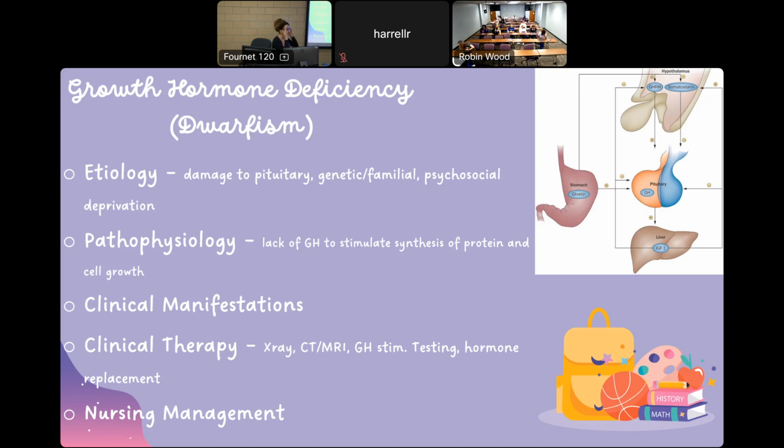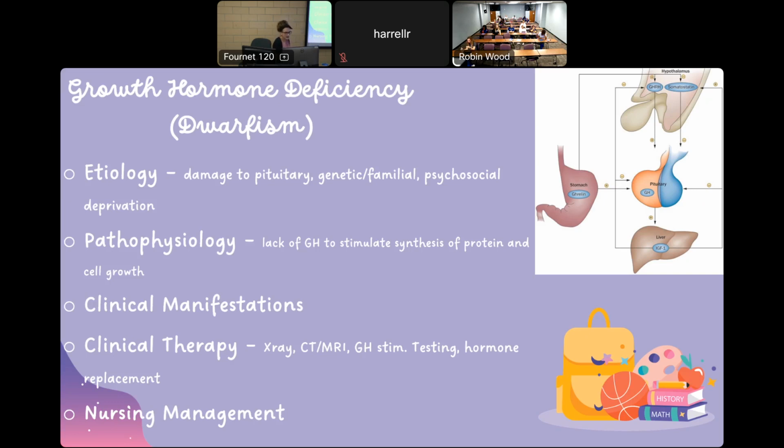We also had an instance in clinical this week with a neglect case, a failure to thrive case. Obviously with that, it was physical neglect as well. But psychosocial deprivation can also manifest as growth hormone abnormalities, and it can negatively affect their physical growth and development.